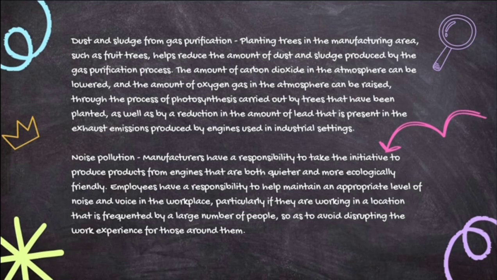And third, reducing lead content in engine exhaust emissions in factories by using engines that are quieter and more environmentally friendly. Second, employees need to play a role in controlling noise, especially if they are in an area inhabited by many people, so as not to disturb others.